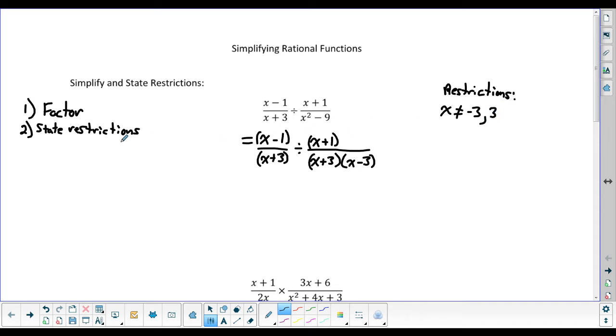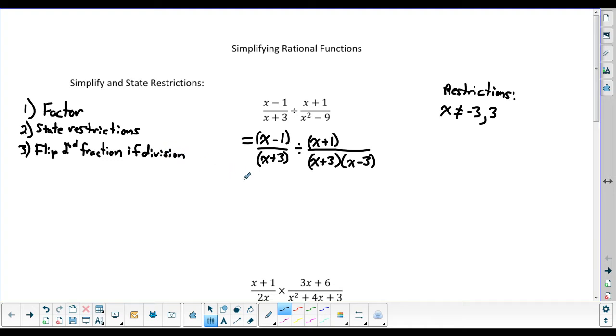Okay, step 3 is to flip our second fraction. So we're dividing fractions here. Recall, with fractions, you need to flip the second fraction and change the division to multiplication. So flip the second fraction if we have division.